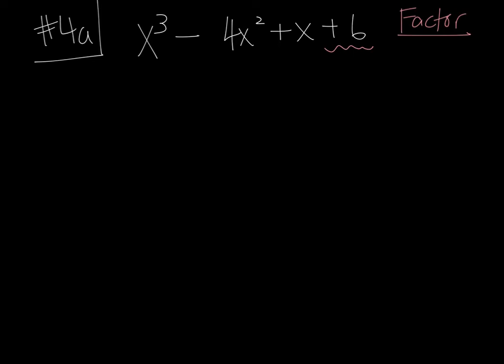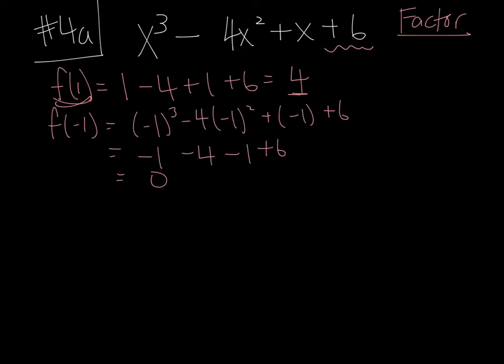So I'm going to start that now. I tried f of 1 and it got a remainder of 4, so that is not a factor. I'm going to continue. When I tried -1, I did get a remainder of 0. Therefore, x plus 1 is a factor.